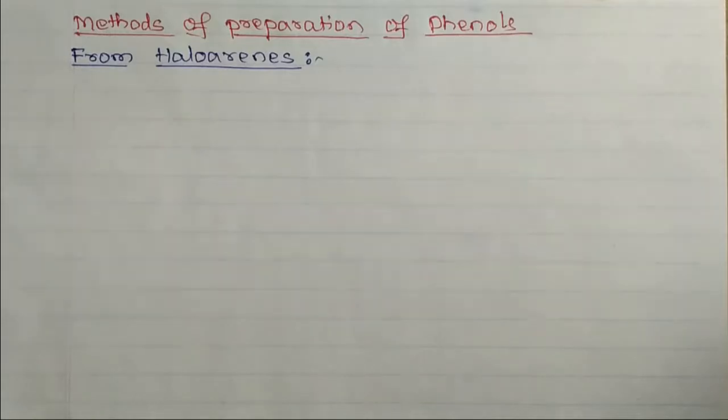Now we'll discuss methods of preparation of phenols. First, from haloarenes. We have already discussed this reaction in the haloalkanes and haloarenes chapter.